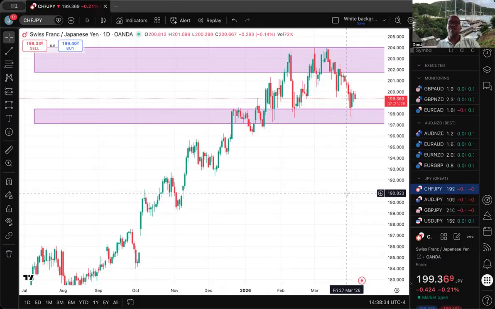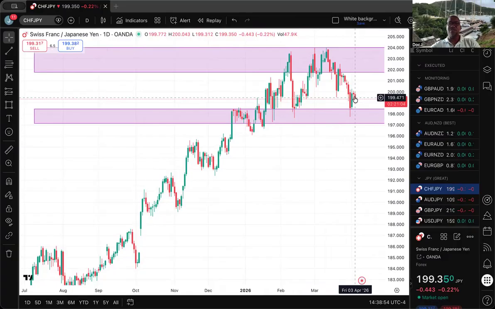As it sells off, to confirm that it has changed direction from a bullish market to a bearish market, it will have to form lower highs and lower lows, which is a transition that we see here.